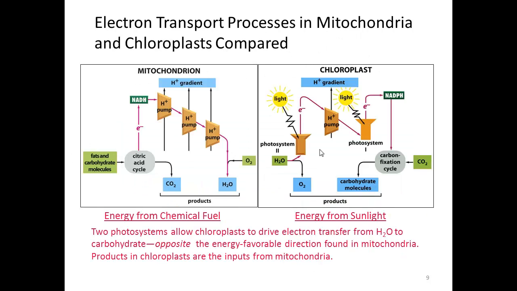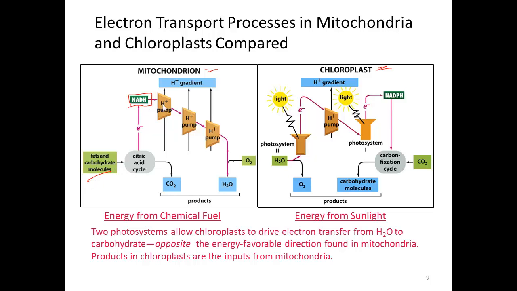Now here I'd like to draw the very clear analogy between oxidative phosphorylation that occurs in the mitochondria versus photosynthesis, which occurs in the chloroplast. We have high energy electrons here in the form of NADH, which were generated from the digestion of foodstuffs.